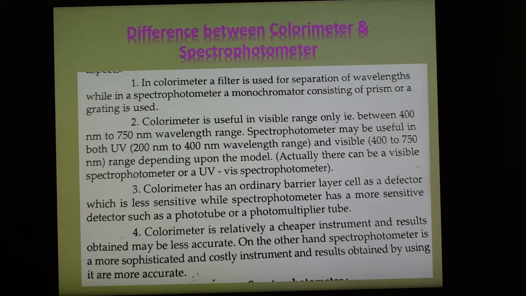The third point is that the colorimeter has an ordinary barrier layer cell as a detector which is less sensitive, while in the spectrophotometer a more sensitive detector such as a phototube or photomultiplier tube is used. The last point is that the colorimeter is a relatively cheaper instrument, but the spectrophotometer is very costly, and the results obtained by the spectrophotometer are very accurate as compared to the colorimeter.